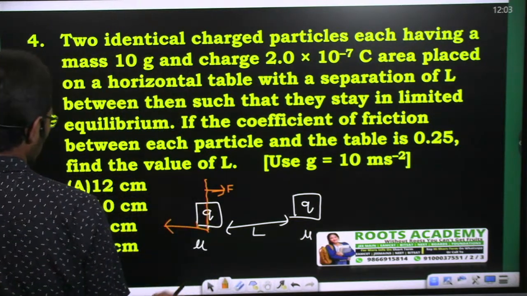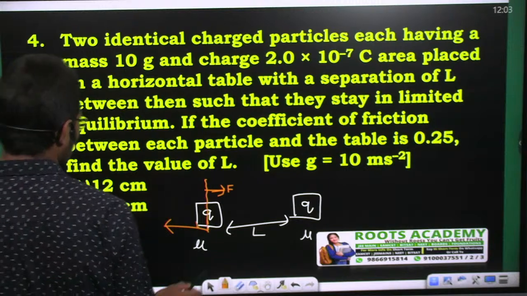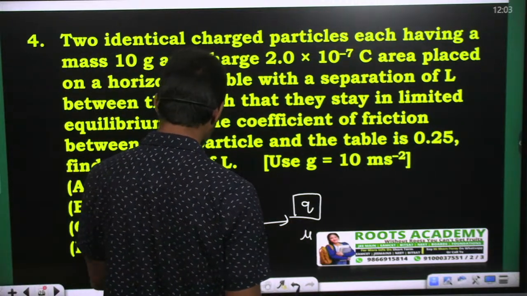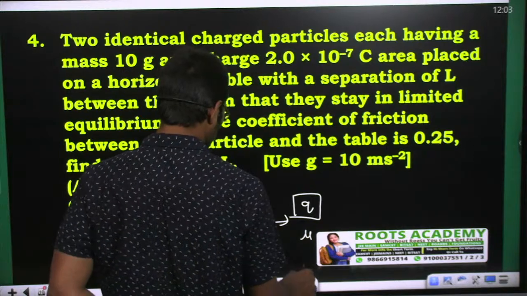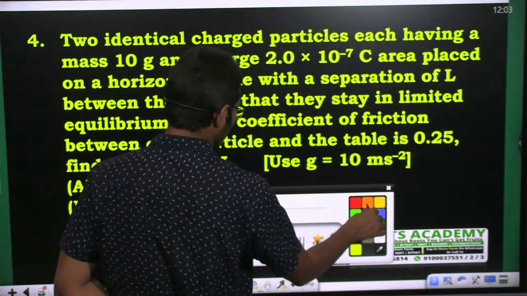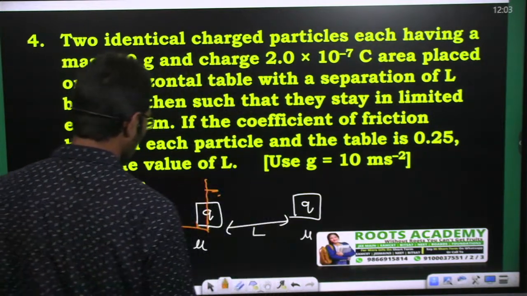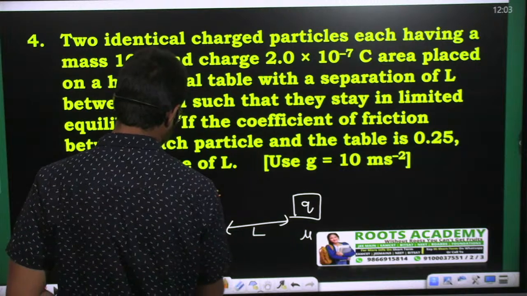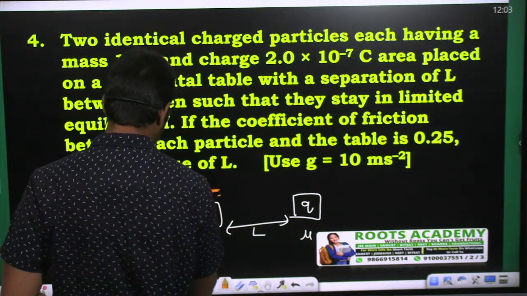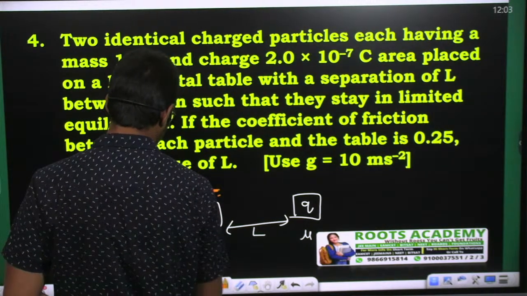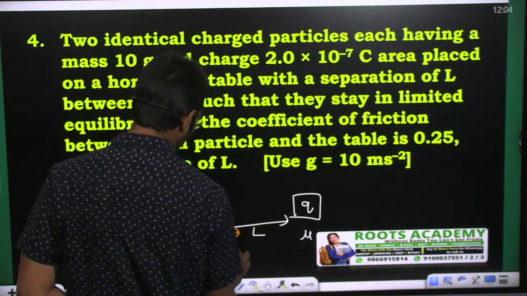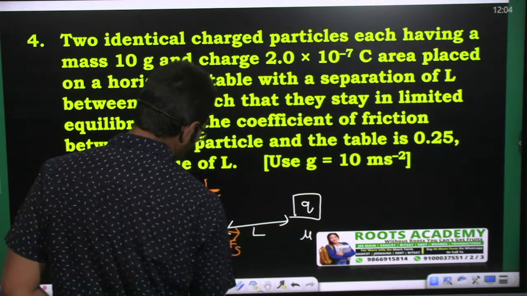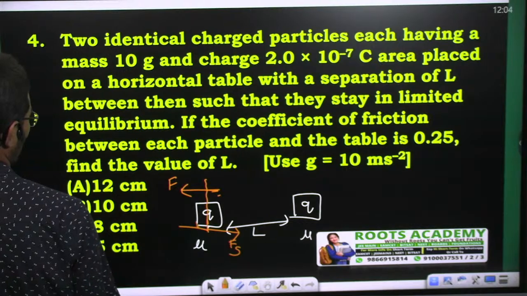If they are of opposite charges they attract, if they are of the same charge they repel, so you can take it the other way around. Let us consider both are of the same charge, like both are positive, so they repel. Fe is the force due to electrostatics, and Fs is the static friction.